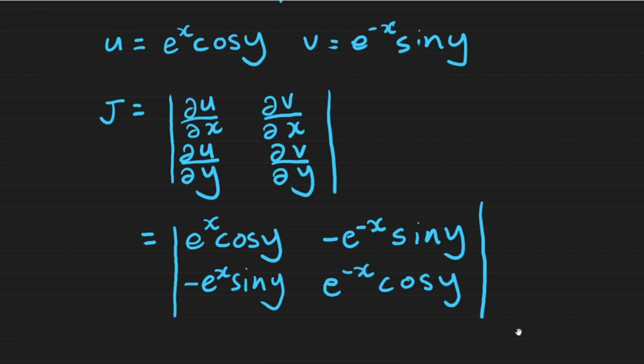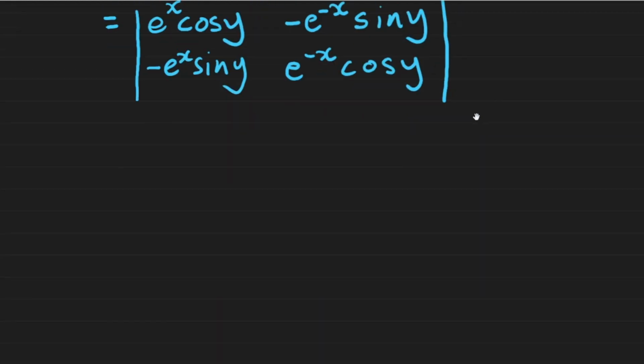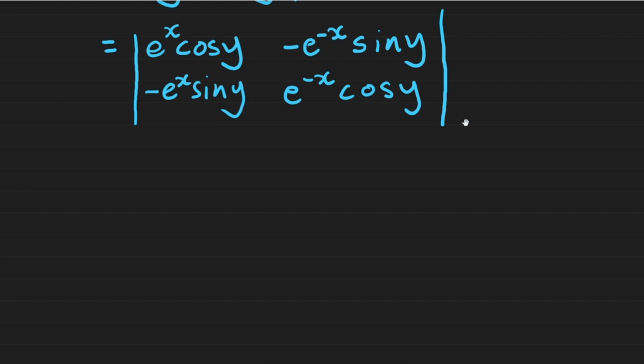So the next step is to compute the actual determinant, and as you would know, we get the determinant by saying 1 times 4 minus 2 times 3, if this is 1, 2, 3, 4.